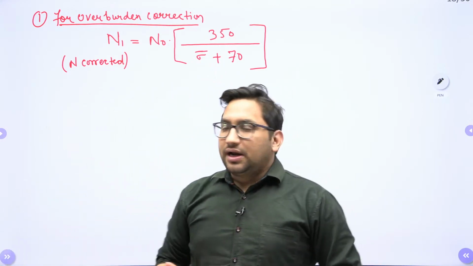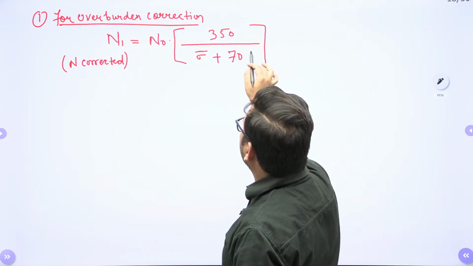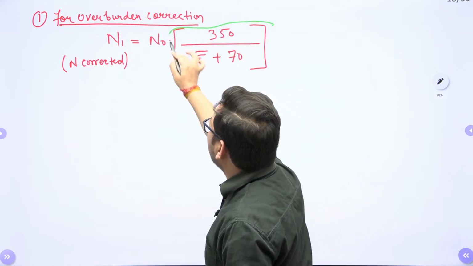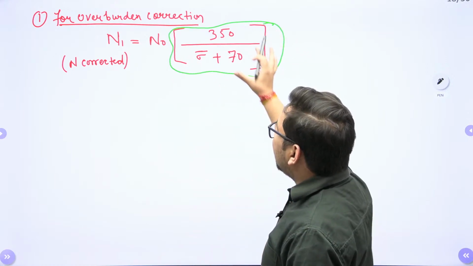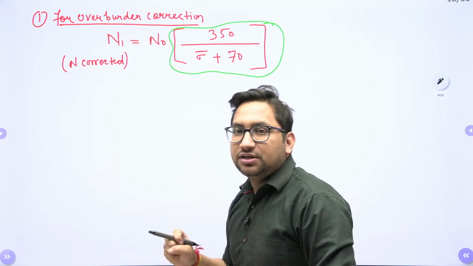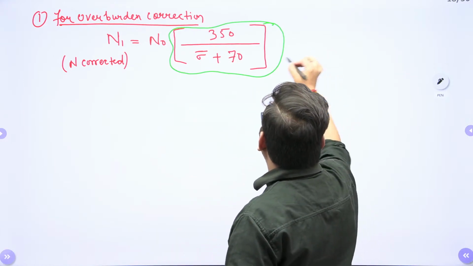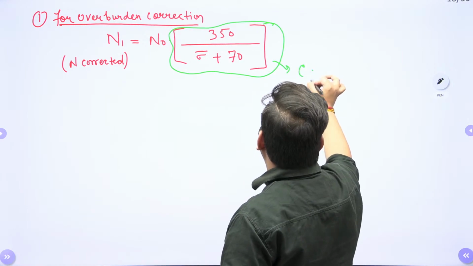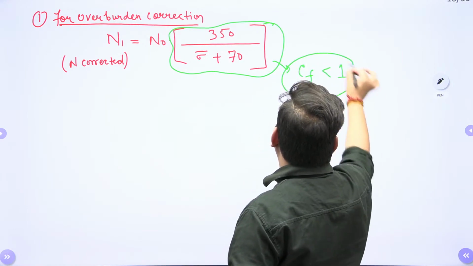Now try to remember that this factor is the correction for overburden. This correction factor should not be less than one value.